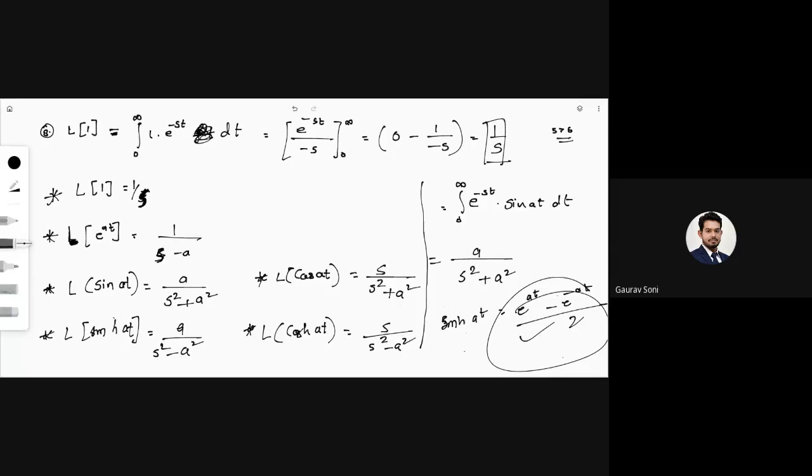And then we have the second property, which is Laplace of e to the power at, and combining that, you will get this result. I'm just giving you the hint so that you can use it later and get to the final solution. If you don't prove it, remember it so that whenever required, you can use it.